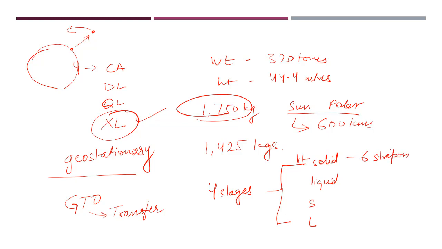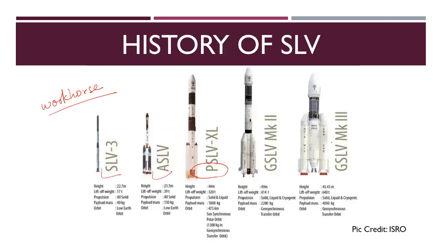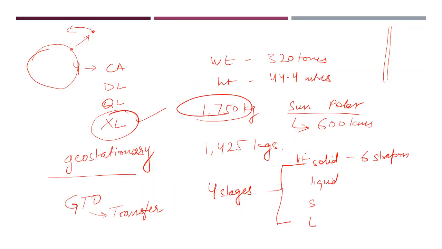What are these boosters? If you have a look at the satellite launch vehicle, you will see these things which are attached, and when liftoff has been achieved and they are spent, they are separated during the launch itself. So these are called boosters. Now here, if we talk about PSLV, there are 6 strap-on boosters in PSLV XL.